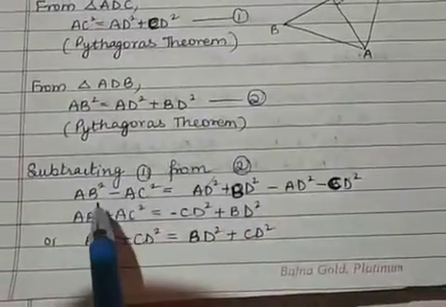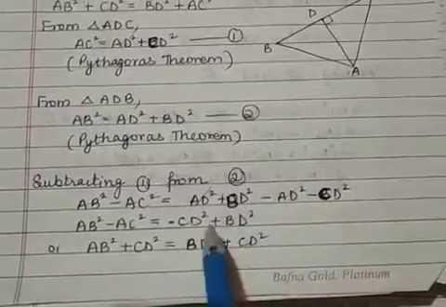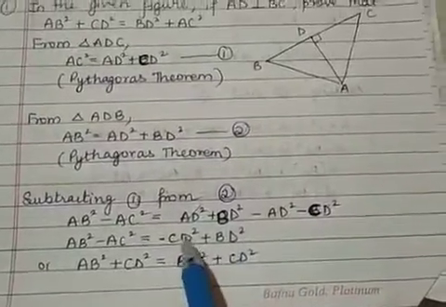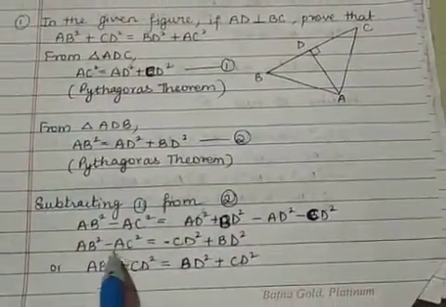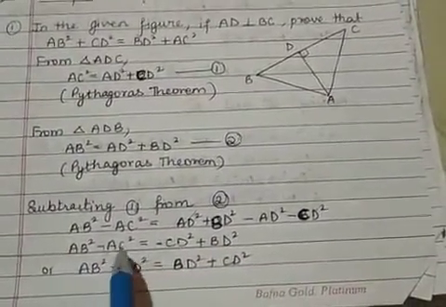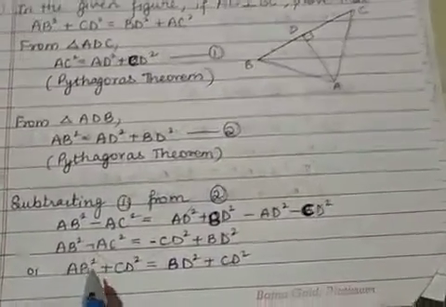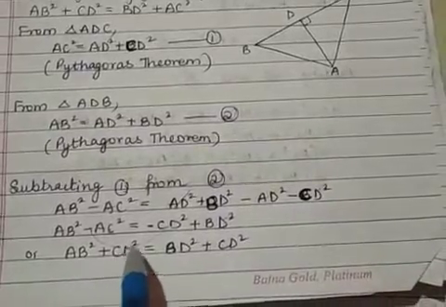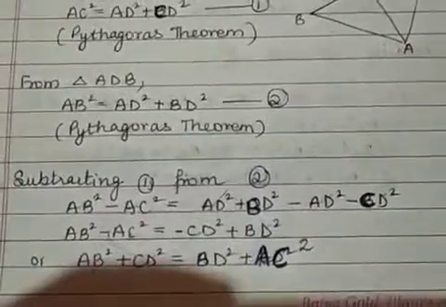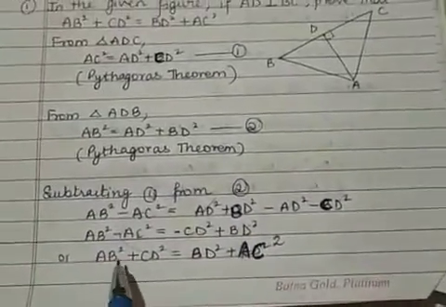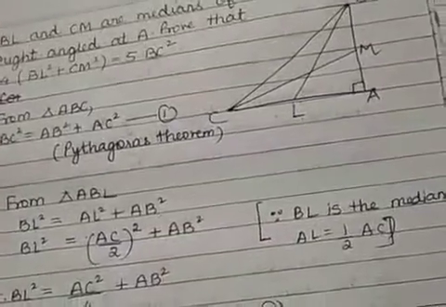What remains is AB square minus AC square is equal to minus CD square plus BD square. Now I want AB square plus CD square, so I will transfer this term to the left hand side and take this term to the right hand side. I get AB square plus CD square is equal to BD square plus AC square.